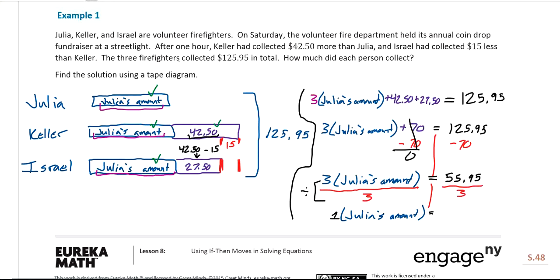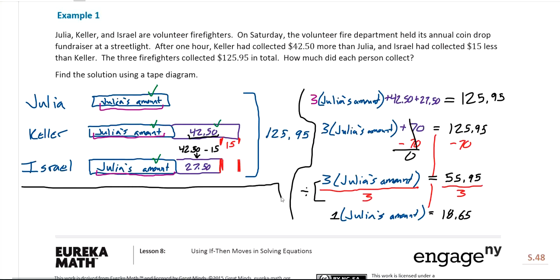So to divide the other side by 3, we would get $18.65. So Julia's amount was $18.65.